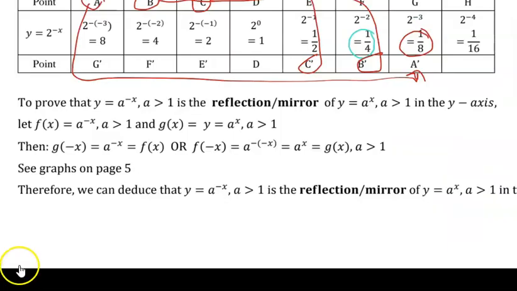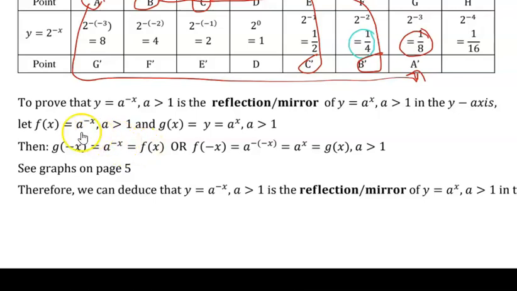But let us label a to the minus x, f of x, and a to the plus x, g of x. Consider g of minus x. If I put minus x into this function here, then I replace my x with a minus x. So I'll have a to the minus x.